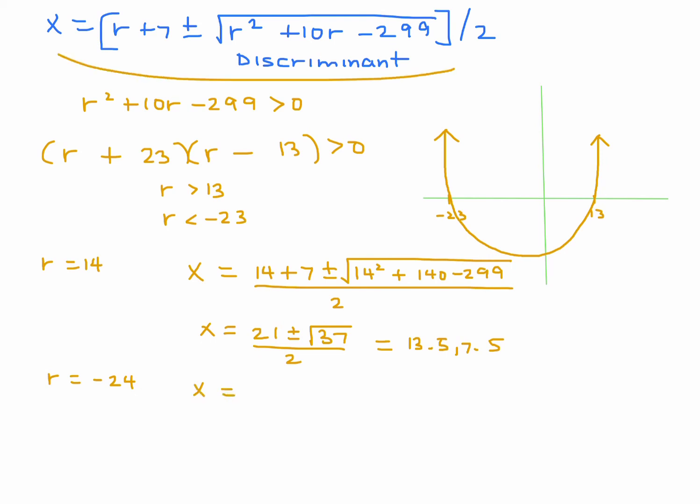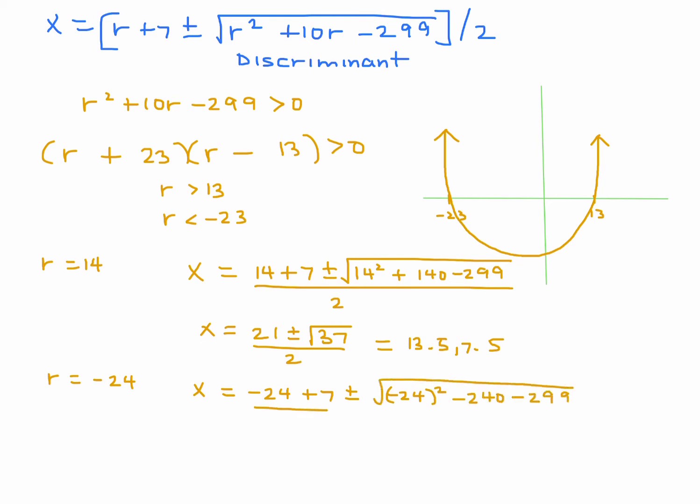So plug it back into this equation. Minus 24 plus 7 plus or minus the square root of 24 squared minus 240 minus 299, and that's all over 2. So x is going to be minus 17 plus or minus, and this becomes root 37 again, interestingly.